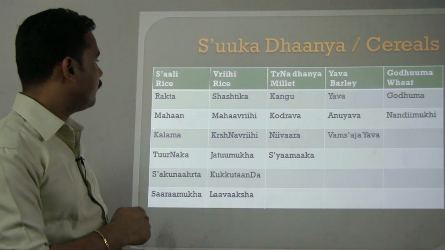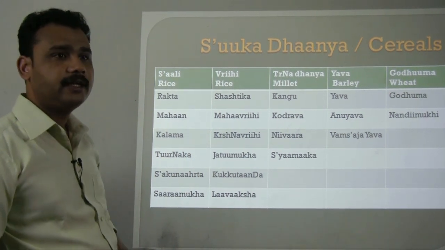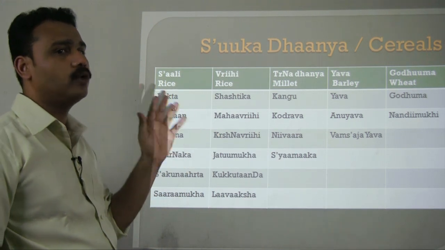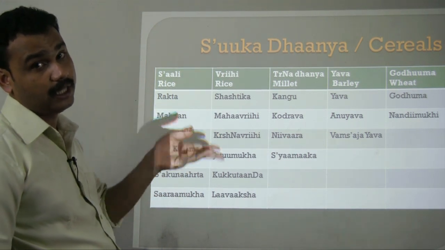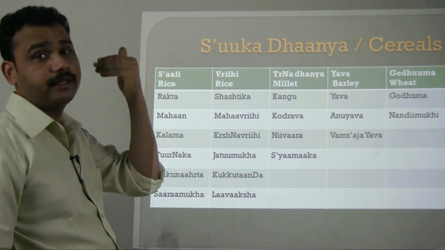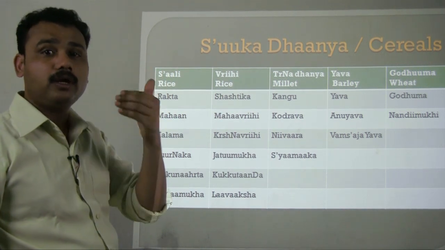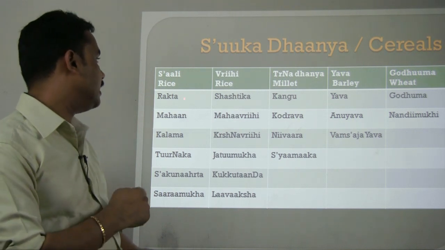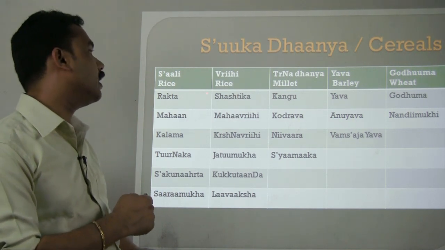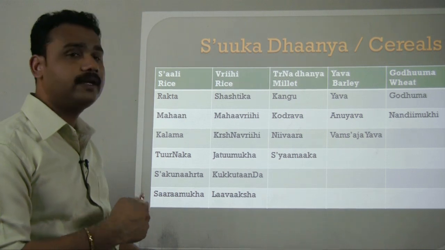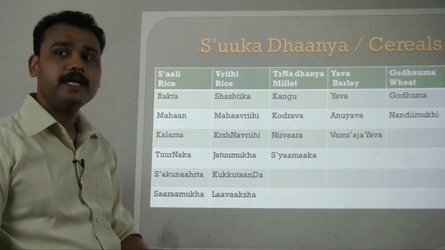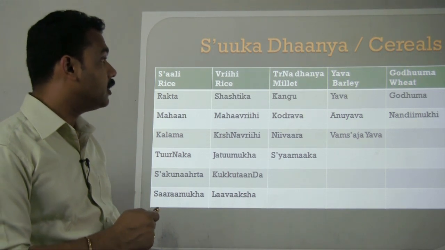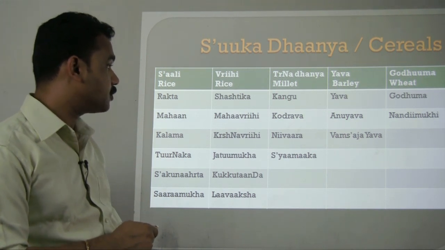And if you read Ashtanga Hridaya, he keeps narrating a lot of varieties of Shali rices, such as Rakto Mahansa Kalamat Turnaga Shaguna Hrida Sara Mukho Dirkhashuga Lodhrasuga Sugandhiga, and also a lot of different kinds of Vrihi rices in this group. When it comes to the group of millet, he has only explained 4.